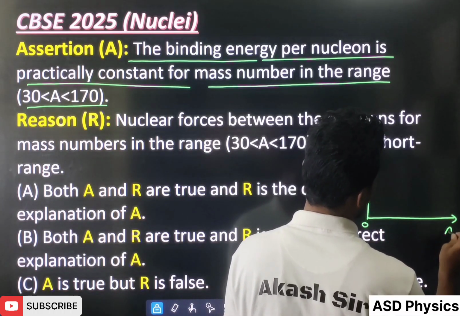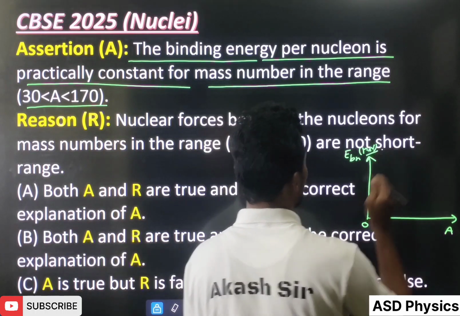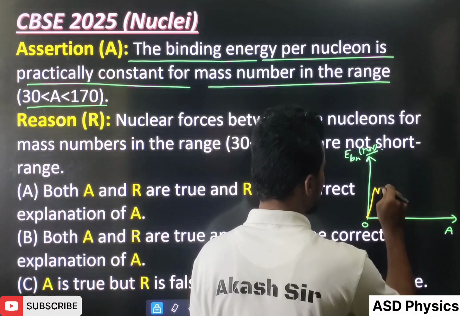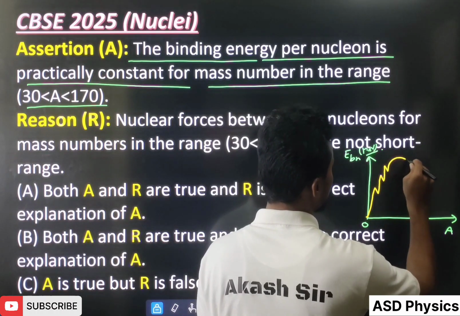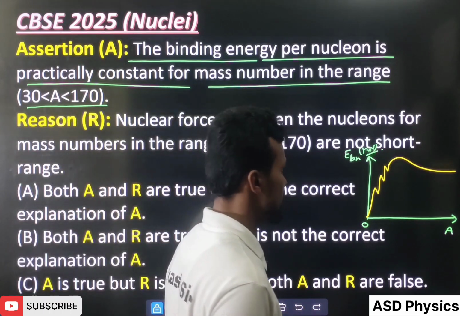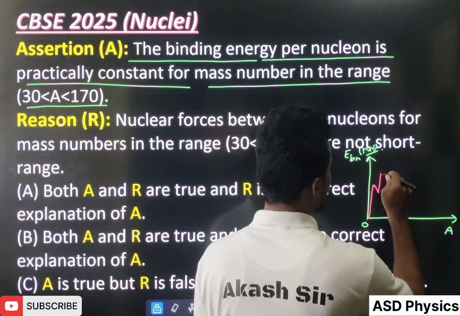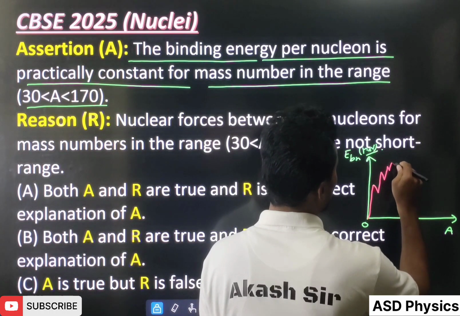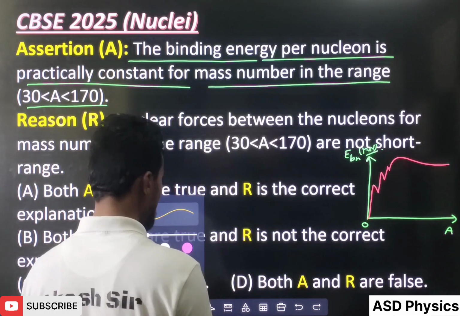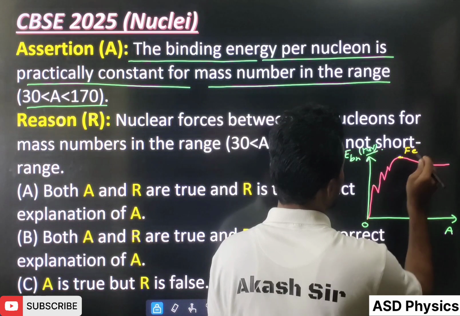On this side is the mass number, on this side the binding energy per nucleon in mega electron volts. When we draw the curve like this, some spikes will be there and then it goes like this. At the top point, iron is there.